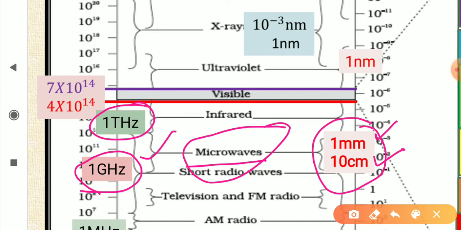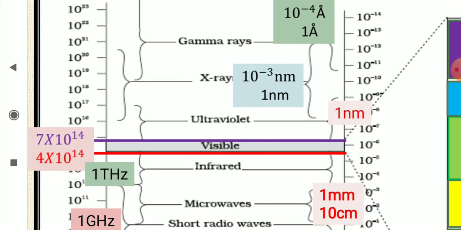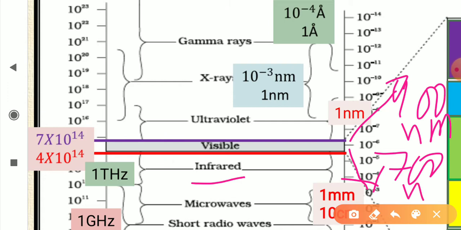Then comes infrared. After microwave, as we move towards shorter wavelengths, we get infrared, right? And it is very easy to remember. You know that the wavelength range of visible light is from 400 nanometer to 700 nanometer: 400 nanometer for violet, 700 nanometer for red.